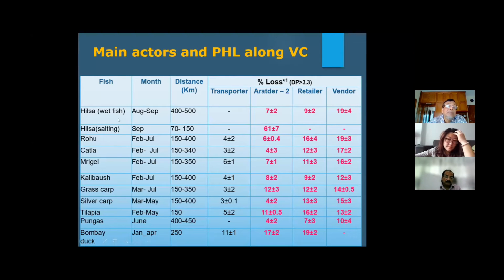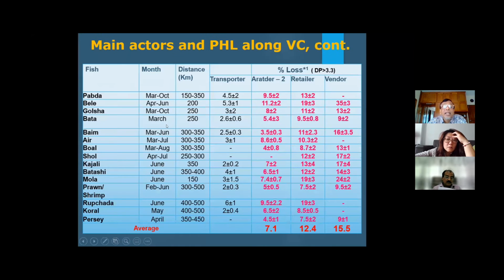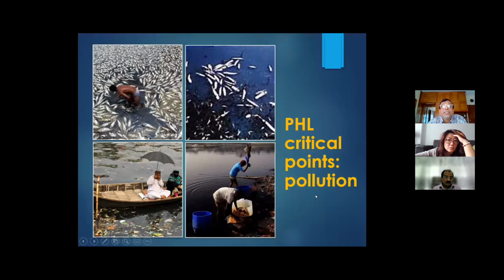We covered many different monsoon seasons, and distances from 150 kilometers to 500 kilometers, and we found prominent qualitative fish loss from the transporter. In Arodhar it is much higher, retailer much higher, and vendor is much higher. Finally, the average loss in Arodhar was 7.1%, retailer 12.4%, and vendor 15.5%.